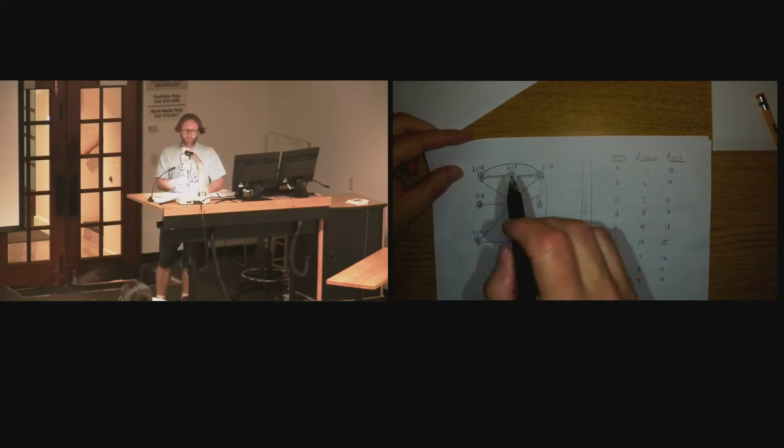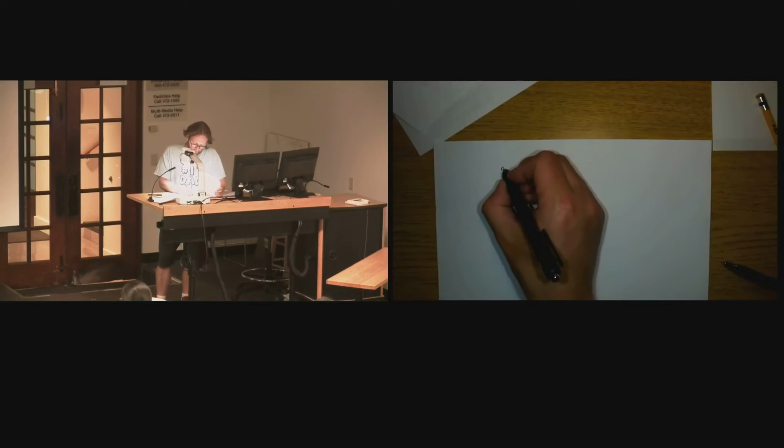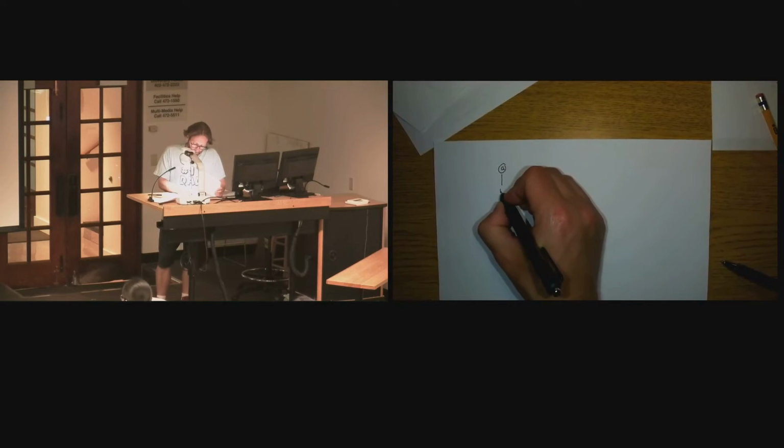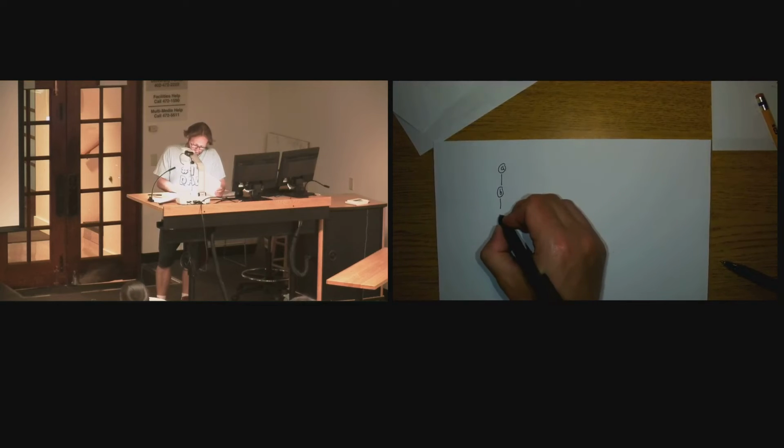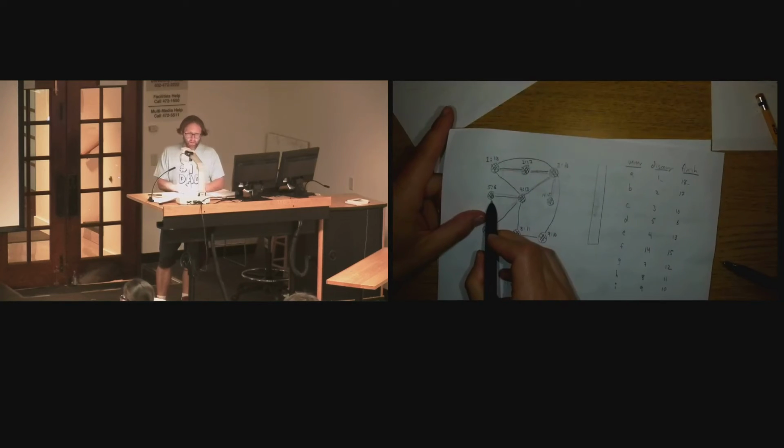What I'm going to do is redraw this as a tree to show you that it in fact is a DFS tree, right? So here's A. Then we went to B. Then we went to C. Then we went to E. Then we went to D, at which point we reached a dead end, and we had to backtrack.